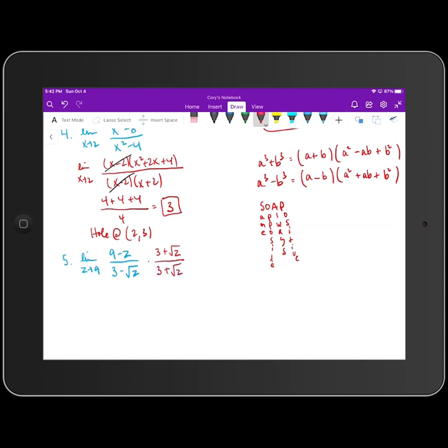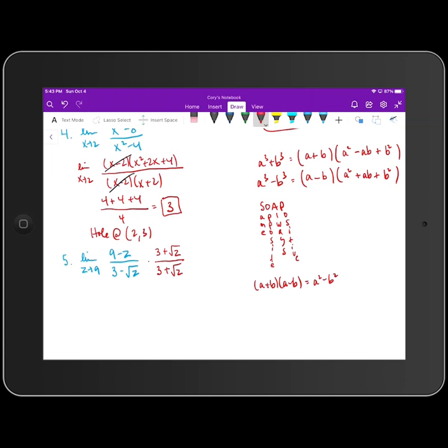You should be very familiar with this because a plus b and a minus b are conjugates. The 2 terms are the same, separated by a different sign. And when we multiply out a plus b times a minus b, that gives us a squared minus b squared.